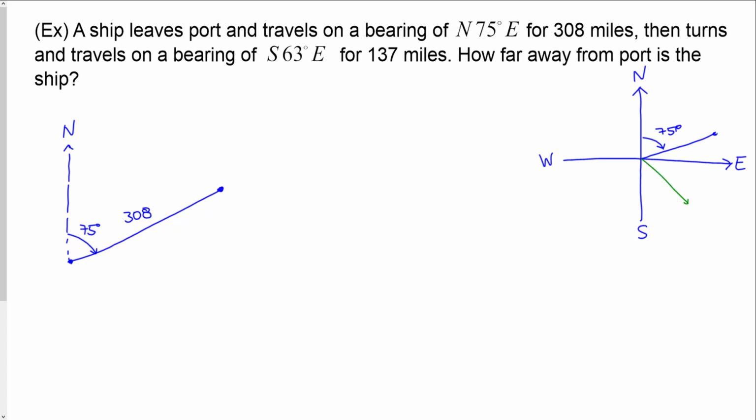So what I'll do is again draw a vertical line representing my north-south line, but in the southerly direction, and I'm 63 degrees toward the east from that. And then this ship travels 137 miles, so maybe to right there.